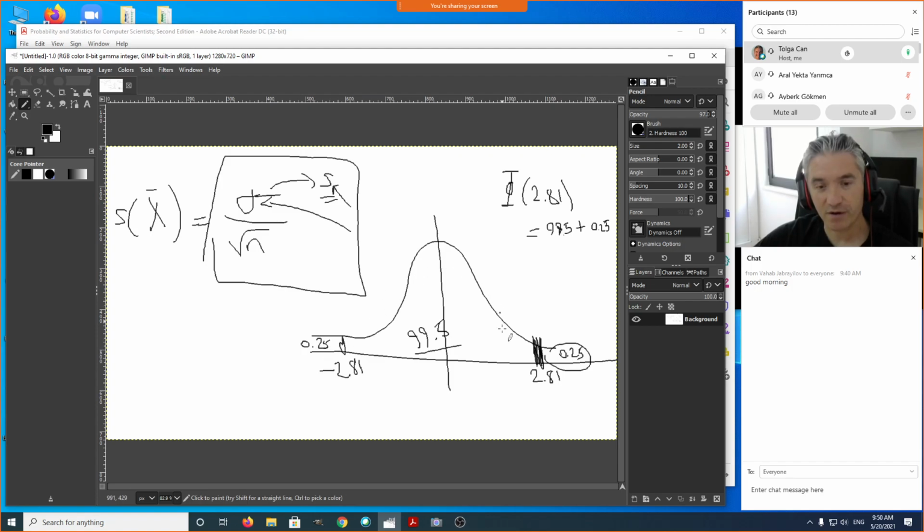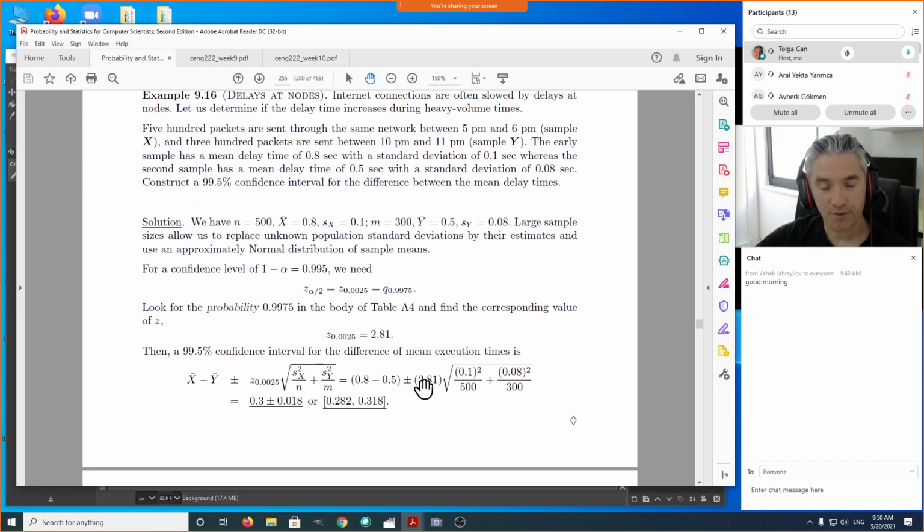So we want our confidence interval to include 99.5% of that distribution. Therefore you have to go, this was the difference, 0.3. You have to go 2.81 standard errors away from the center, which is 0.3.